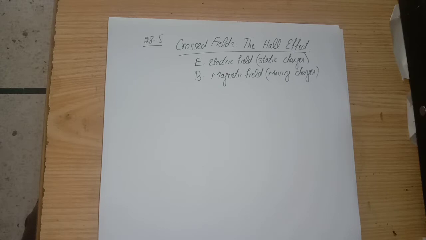In 1879, Edwin Hall at Johns Hopkins University showed that the Hall effect, which we are going to discuss today, allows us to find out whether the charge carrier is positively charged or negatively charged.